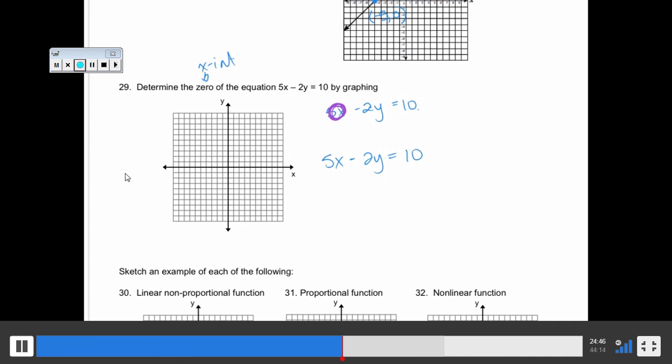So I'm going to zero out the x in this top equation, the y in the second equation. Divide by 2. So y equals -5. And then divide by 5. X equals 2.